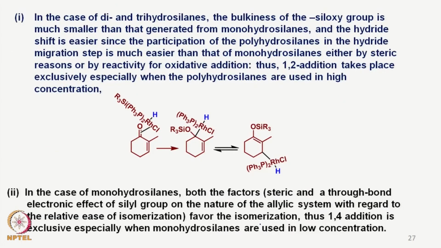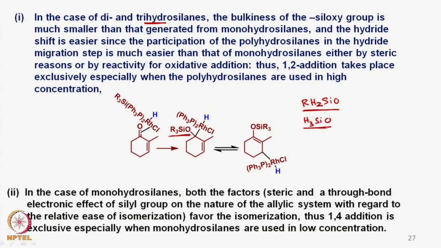Now, we see how it is happening. What has been suggested is, in the case of di- and trihydrosilanes, that means if we have more hydrogens attached, the bulkiness of the siloxy group is much smaller. So if this particular part is considered, and if there are di- or trihydro, we are talking about an RH2SiO kind of species, or trihydro, you have the H3SiO part of it.